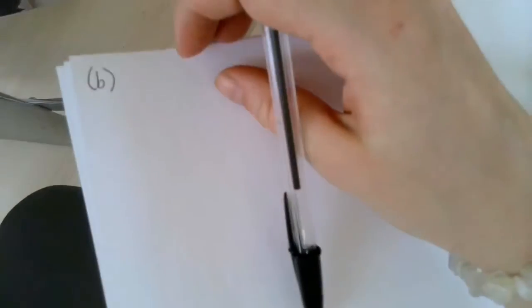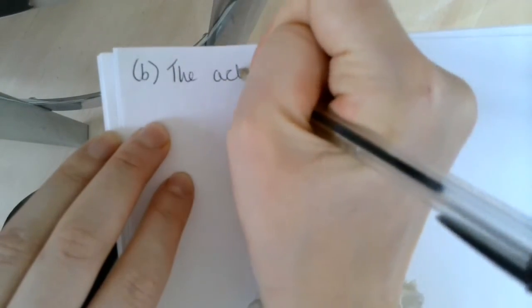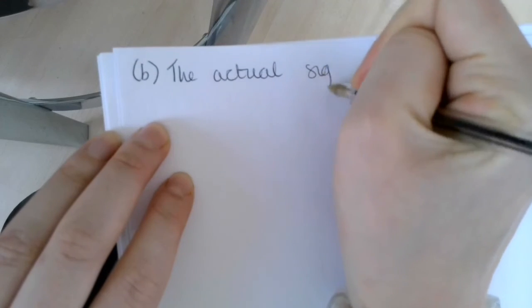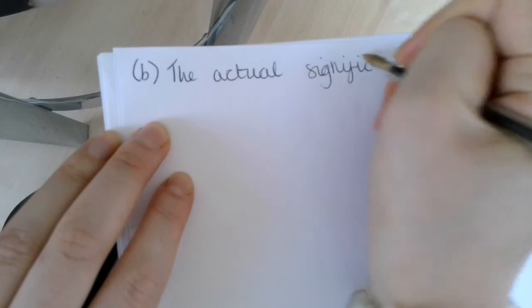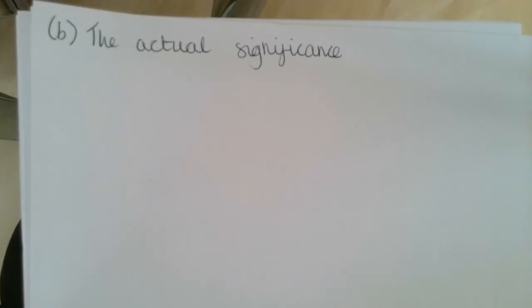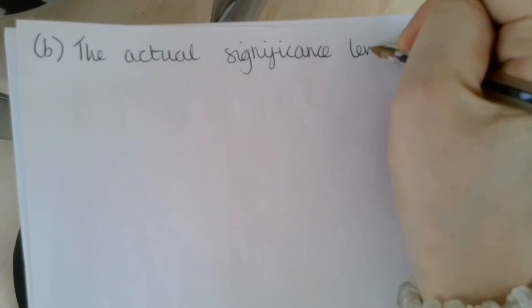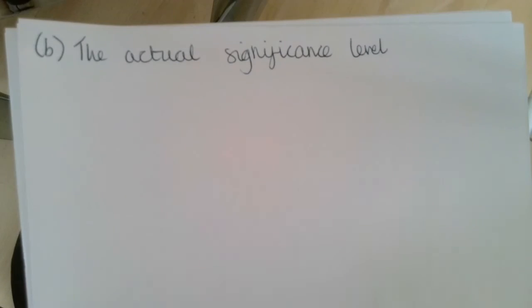For part B of the question, similar to the previous one, we're asked to find the actual significance level. In the previous example, we just wrote down the probability that x was less than or equal to our critical value. For this example, we're going to add the two probabilities together that we found with our critical values.